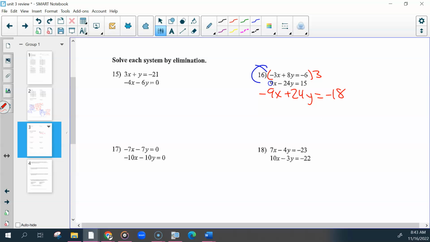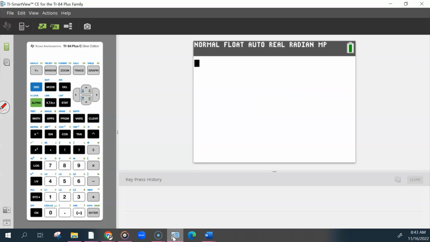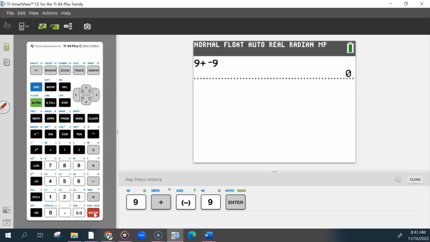Then I would be thinking about how could I eliminate my x's. And if you're not sure, especially if they have different signs, put it in your calculator, double check. So if I did 9 plus a negative 9, those would cancel. But 9 minus a negative 9 would not.